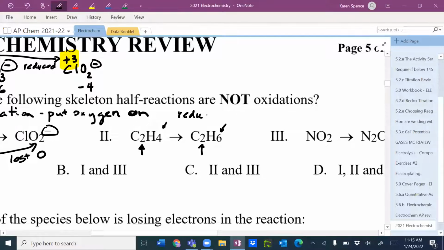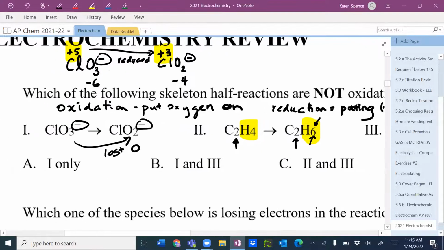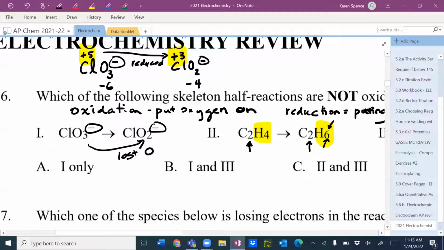If you put hydrogen on, that is reduction. So reduction is putting hydrogen on. In this case, we've put some hydrogen on here. We've got 2 more hydrogens here than we do here, and so that is a reduction. So here we had a reduction.